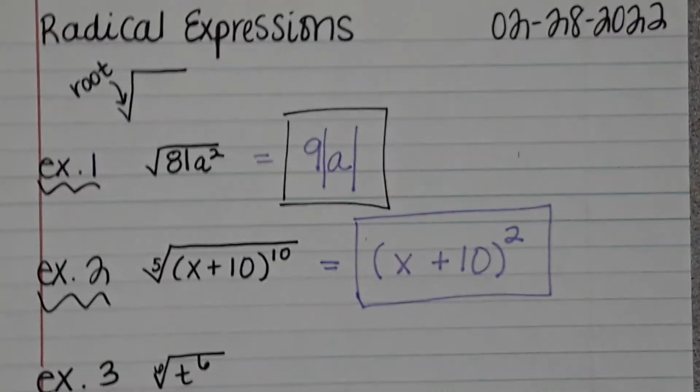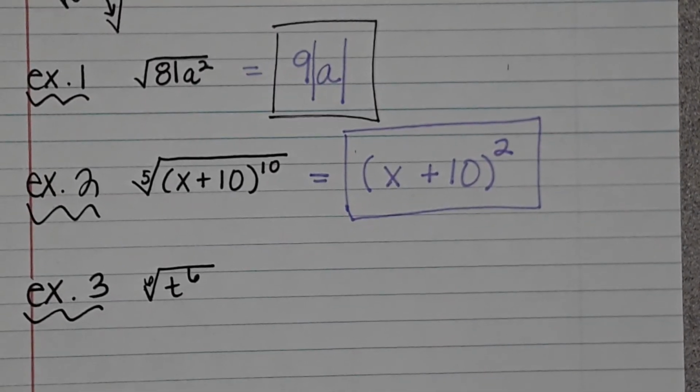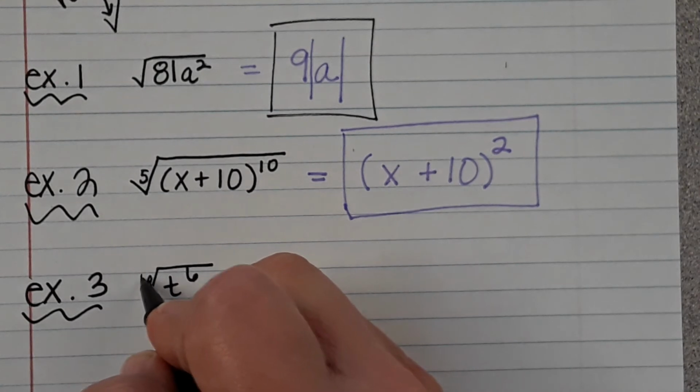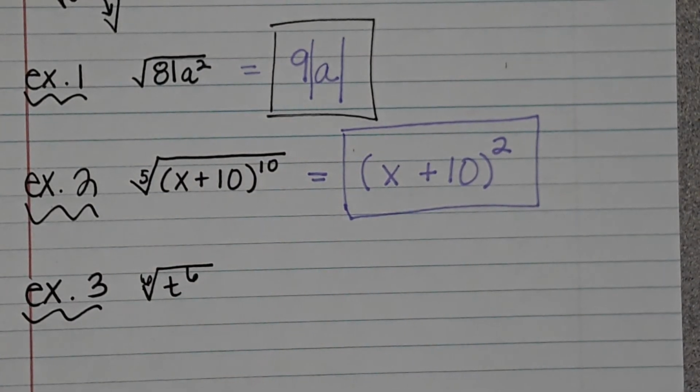Okay. So 6 is in the check mark. Okay. So I don't have any numbers. All I have is a variable.